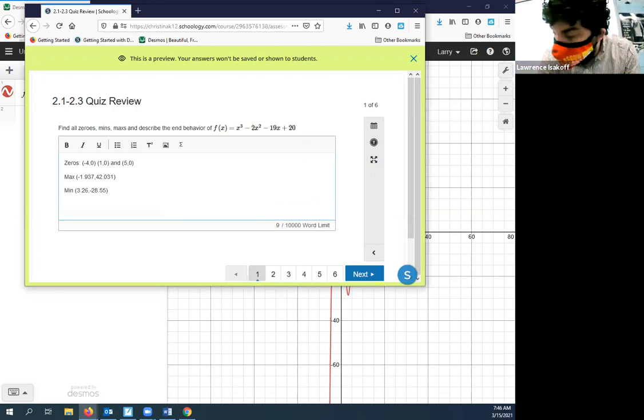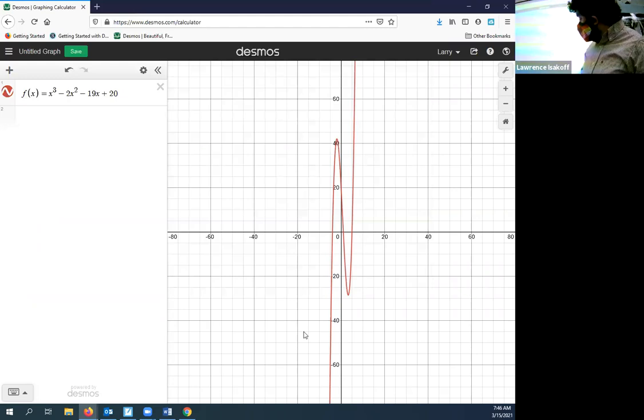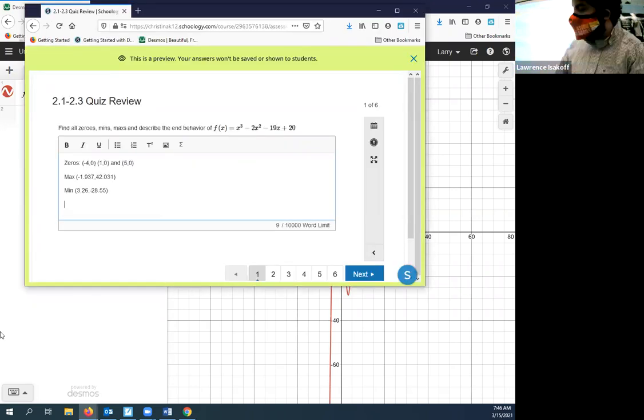But I'll put it simply: left side goes down, right side goes up. Some people like using the words falls and rises, like the left side falls, right side rises. Same thing.